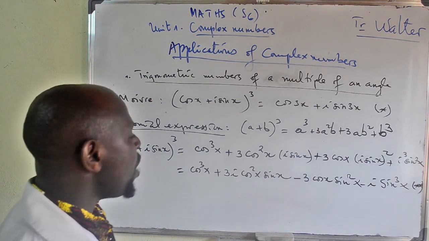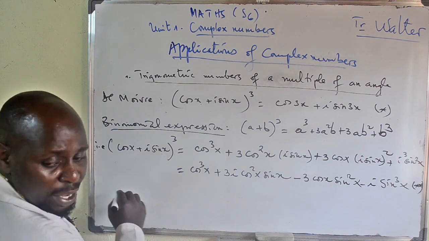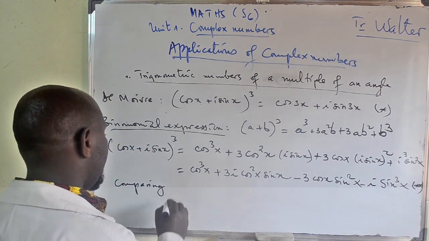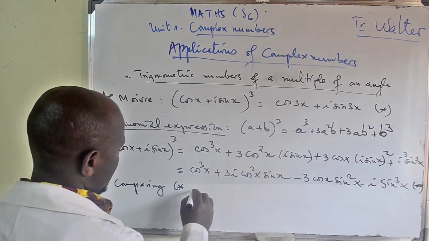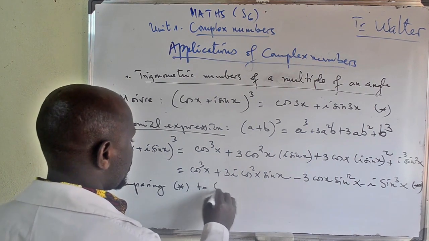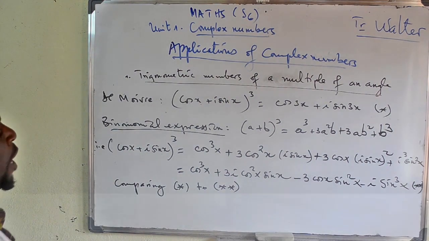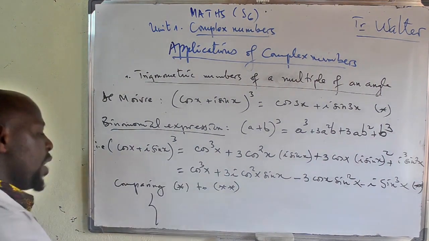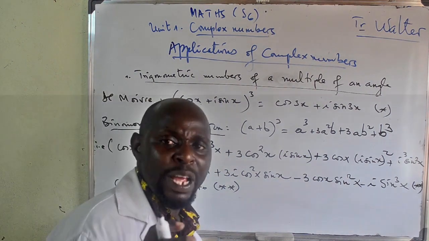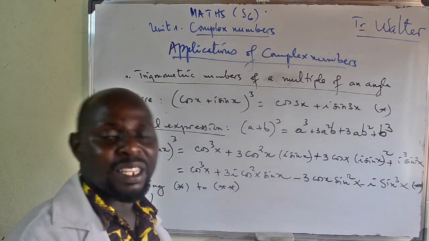So, ladies and gentlemen, if we compare these two expressions, star to 2 star, what do we have? We shall have an equality of two complex numbers. Remember that two complex numbers are equal when their real parts are equal and their imaginary parts are equal.